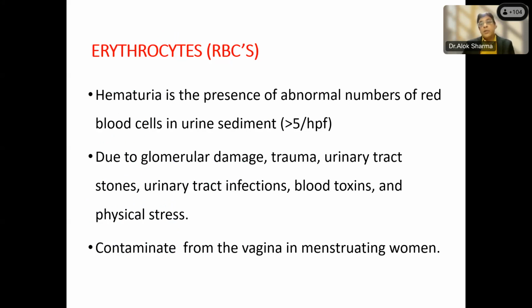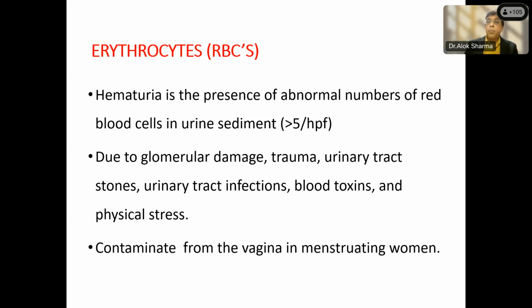Now, erythrocytes: the analysis of RBCs is perhaps one of the most important parts of doing a urine examination. Many times it's not just the number or the cast, you also have to look at the morphology of the RBCs. If you really want to define hematuria, as I told you, more than 5 per HPF would constitute a significant number of RBCs in the urine.